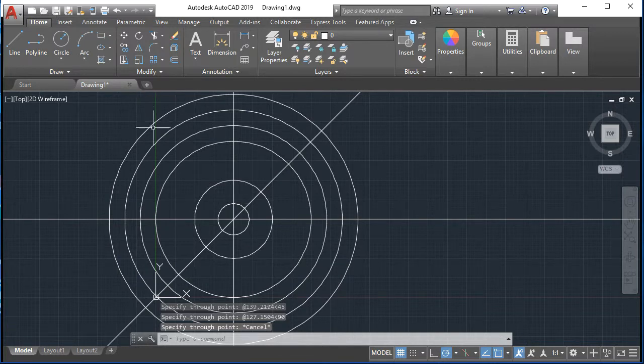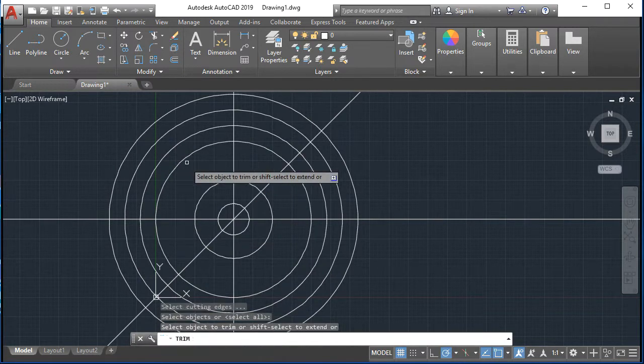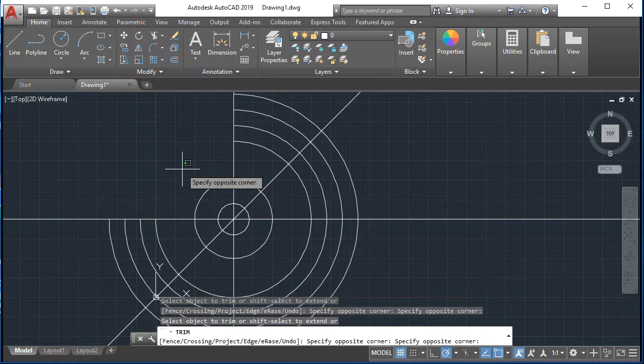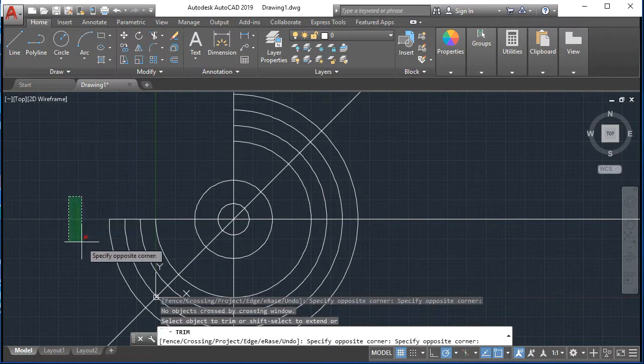We need only this 130 degrees, so we will remove the excess portions by using the trim tool. Here, double enter, remove these portions, and these portions.